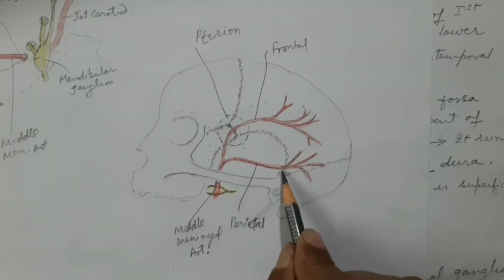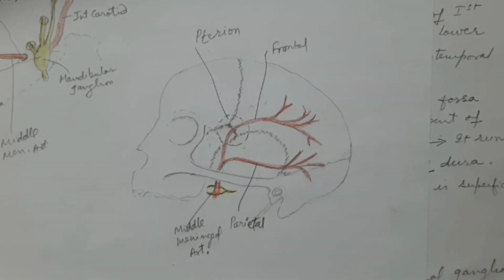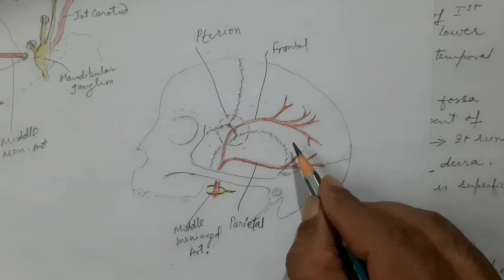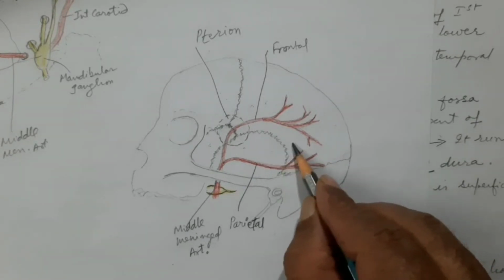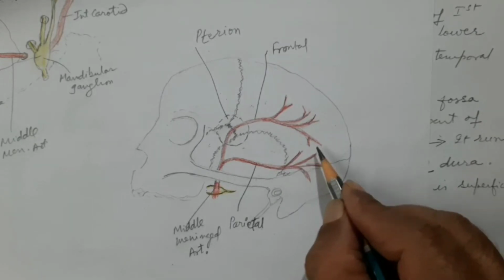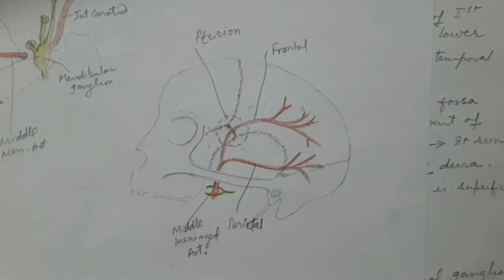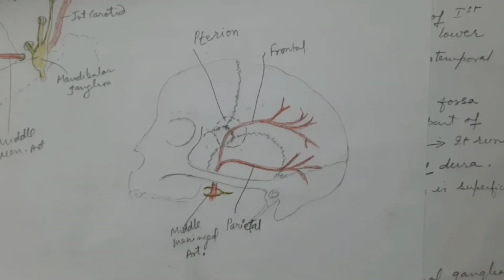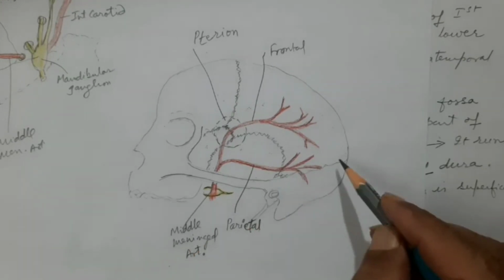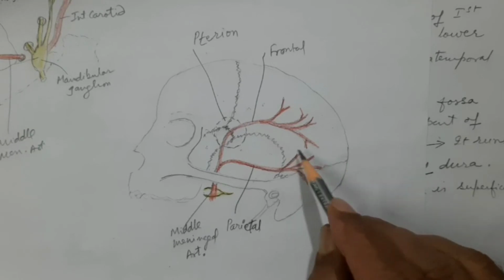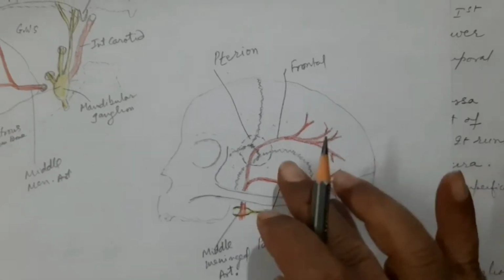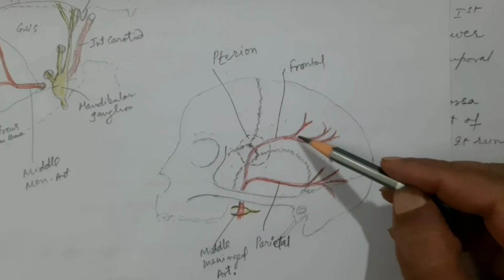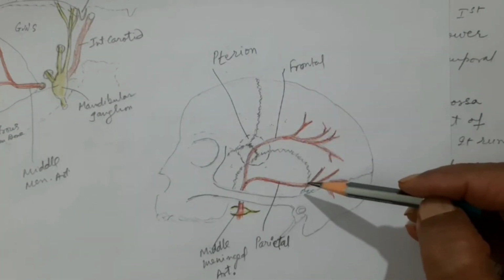Then this artery will cross the squamosal suture between the parietal and the squamous part of the temporal bone, and run onto the parietal bone itself. That's why it is ultimately called the parietal branch, and it will go towards the lambda.